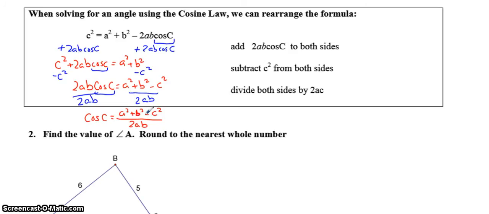The problem becomes when not every triangle has A's, B's, and C's. So what I want you to recognize is that the only negative in the formula is this side right here, and that side is opposite the angle you're trying to find.